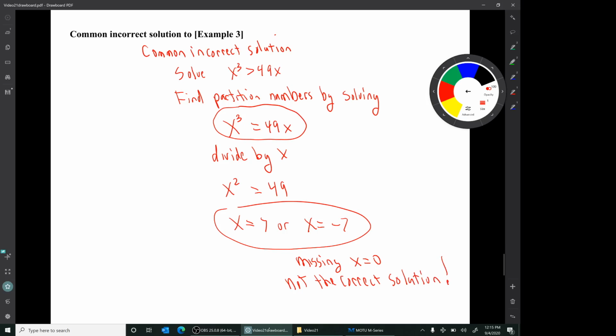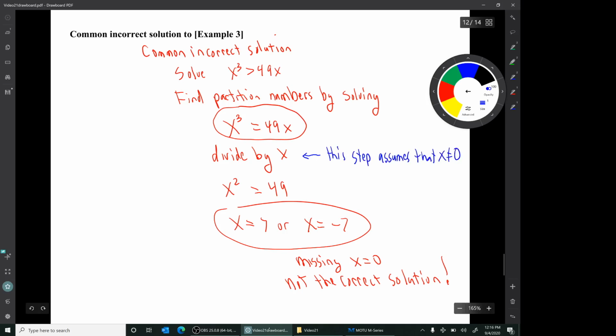So what went wrong? This seems like we did perfectly legitimate stuff. Why did we not get the correct solution? Well, the problem is in this step right here. This dividing by x, you can't do when x equals 0. So if you divide by x, you're basically saying, well, I'm assuming that x is not 0. And what we ended up with was we found all the solutions that were not 0.